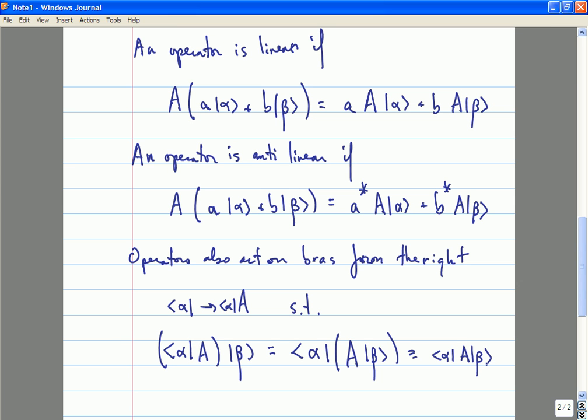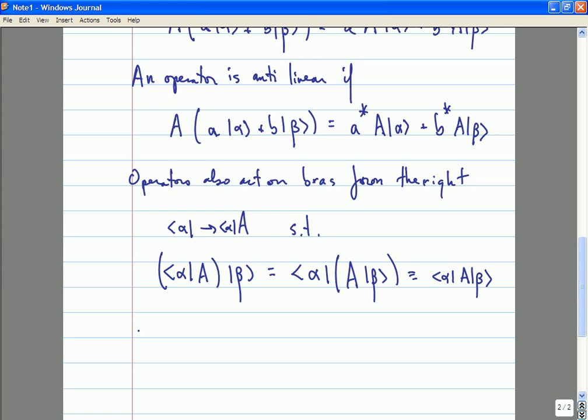And sometimes this combination, as we will see in more detail below, is called a matrix element of the operator A. Now, an important thing to remember is that, in general, the state A times alpha is not the dual of the bra alpha A. You can take the ket A times alpha and write down the corresponding dual vector, the corresponding bra, and it will not in general be equal to alpha times A.